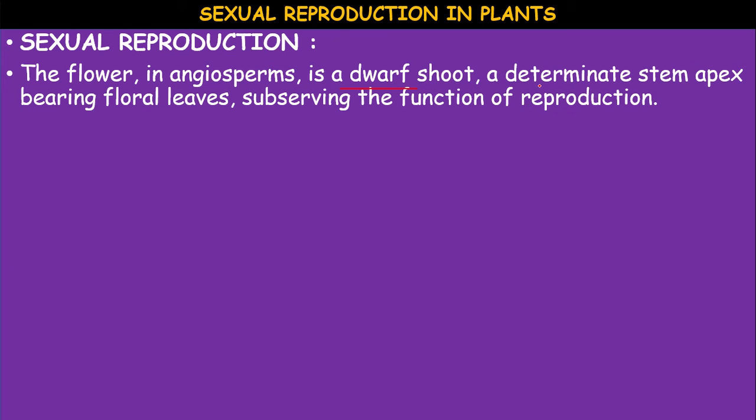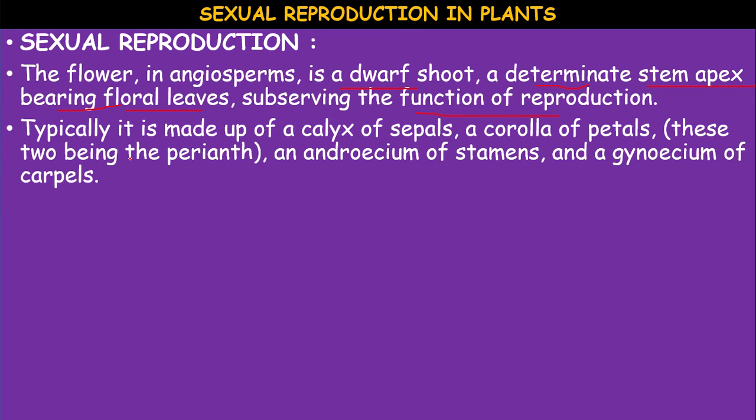A dwarf shoot, a determinate stem apex bearing floral leaves subserving the function of reproduction. How is it modified and turned into the flower? The stem apex bearing the floral leaves is made up of calyx, consisting of sepals, and corolla, consisting of petals. These two are also called the perianth members.